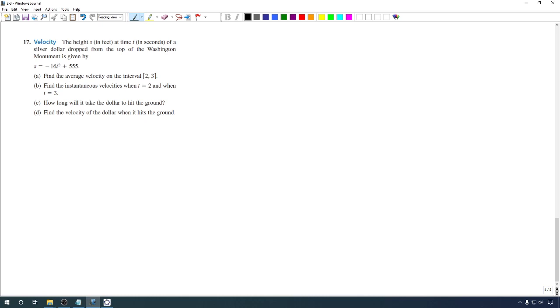How this distance changes over time will be reflected in our derivative, and we can get the average velocity, which is another term for speed, using this distance function. So, part A, we want the average velocity using this function over the interval from 2 to 3.